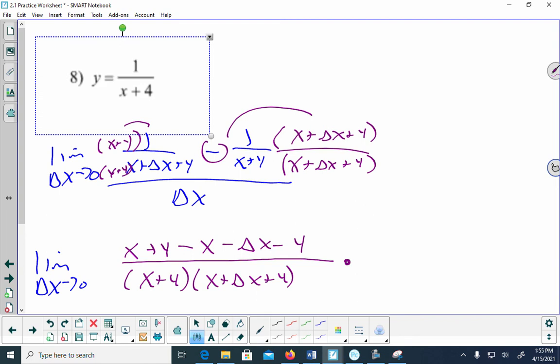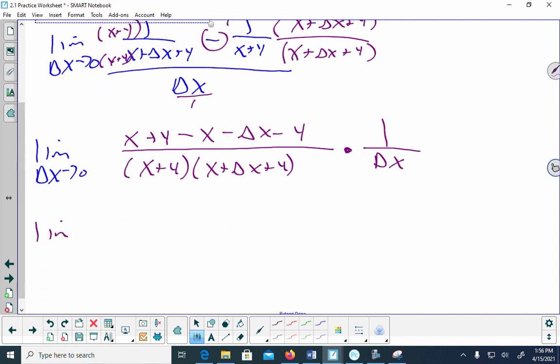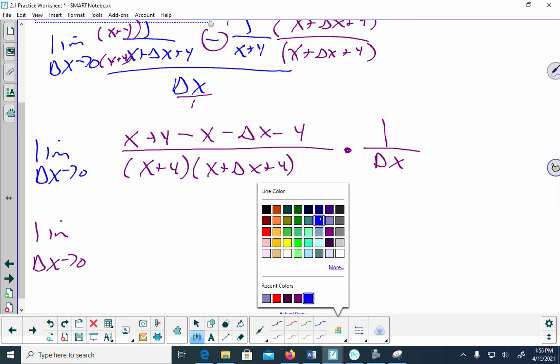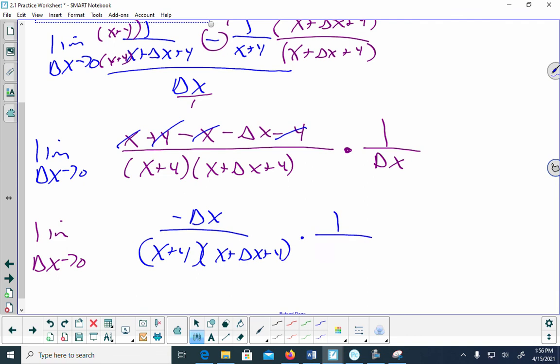And I'm multiplying it by the reciprocal of the delta x over 1, so 1 over delta x. And I'm going to take the limit as delta x approaches 0. Here, the x's will equal 0, the 4's will simplify, and I'm left with a negative delta x over this times 1 over delta x.